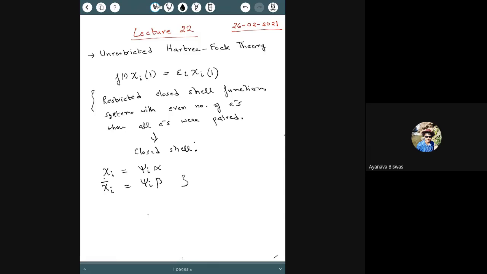Now, I had also mentioned then that if it was unrestricted, then I would have chi I equal to, let's say, psi I alpha, and chi I, and then this you would not call chi I bar. You can't use this notation.